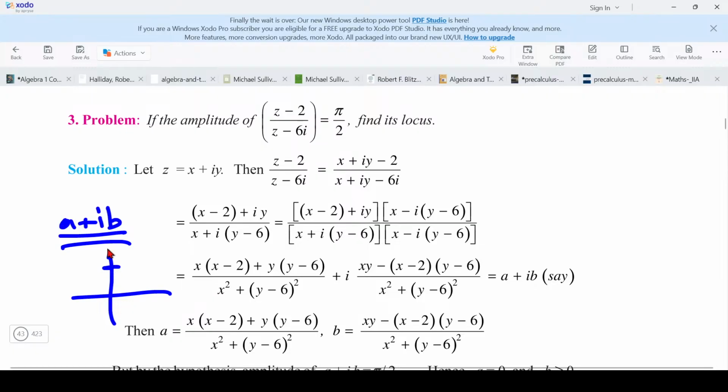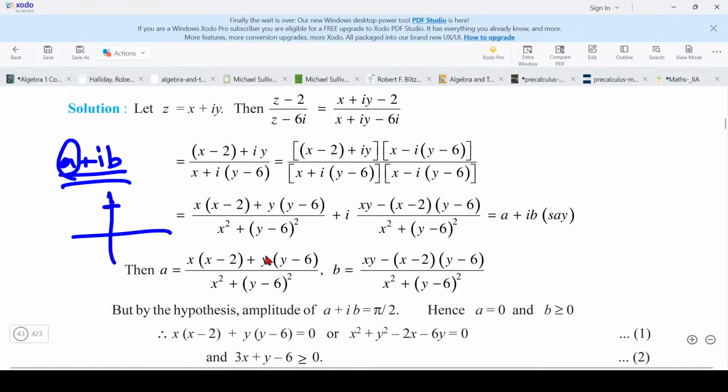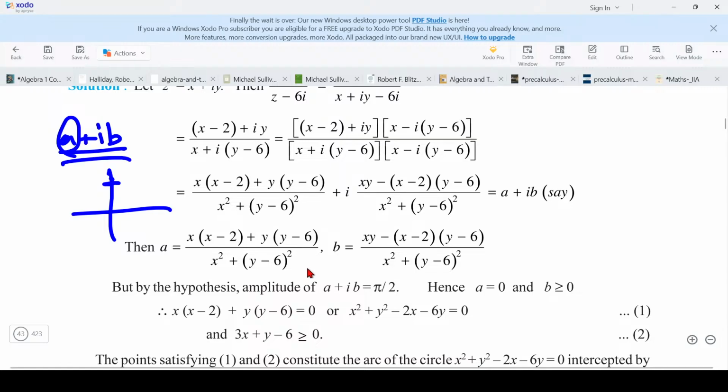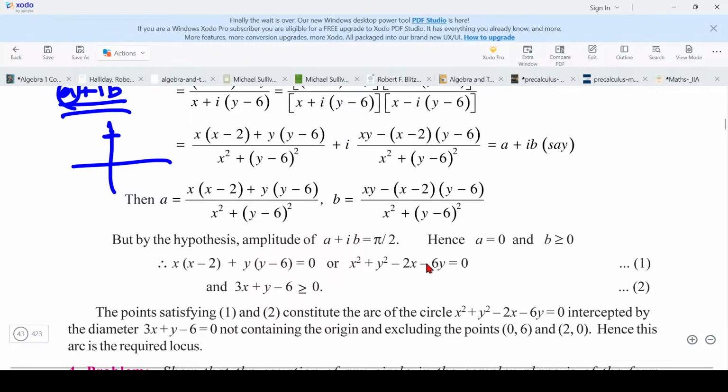A plus ib should be on the positive y-axis, right? A plus ib is a point, and its angle should be 90 degrees. What does that mean? This point should lie on the y-axis. That means a should be 0. That means this should be 0. And if you simplify this, you are getting a circle. Understood?